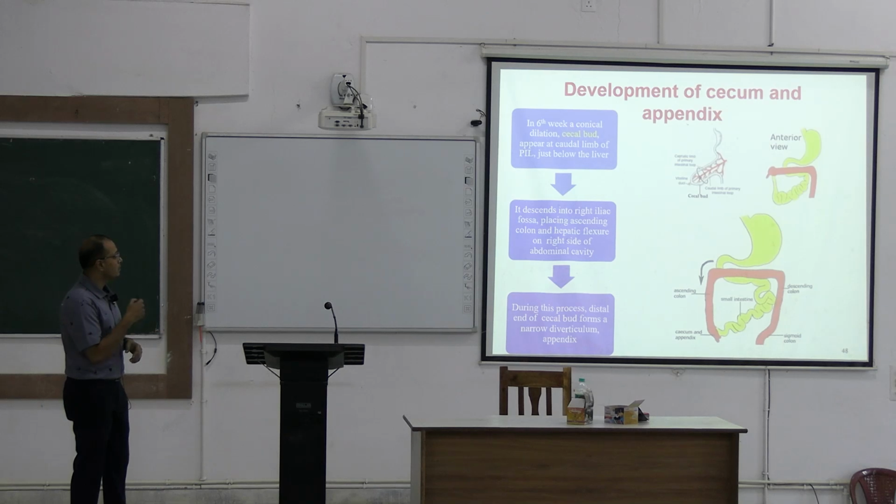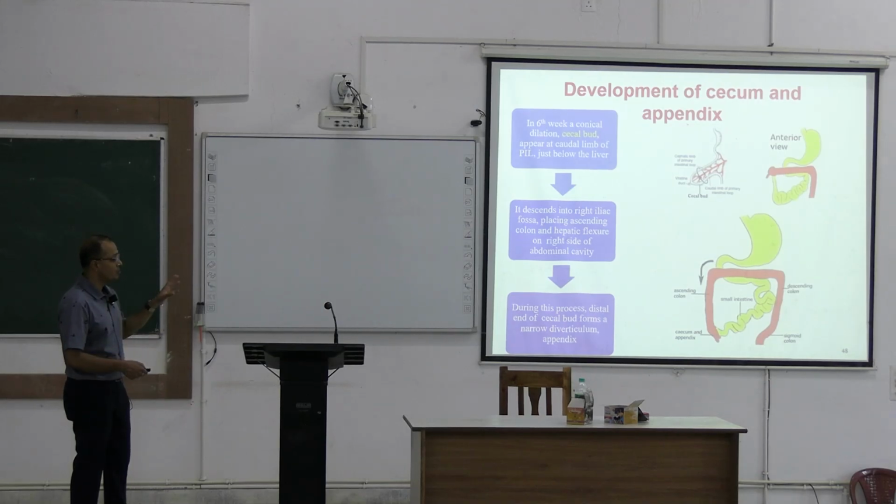So from this primary intestinal loop, all the coils of jejunum, ileum and the lower part of the duodenum develop, and then the cecum, appendix, colon, and the proximal two-thirds of the transverse colon.